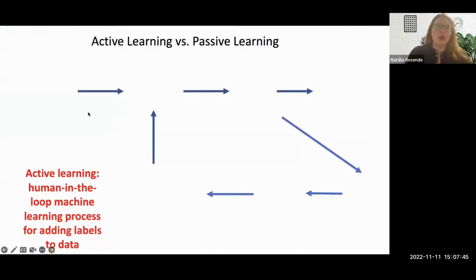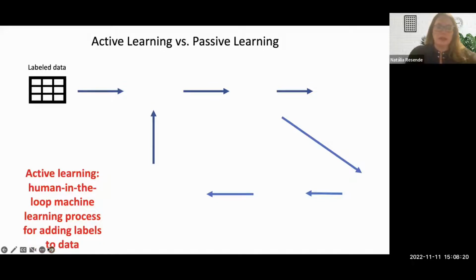We saw in the last session the difference between active learning and passive learning. In passive learning, we have a set of labeled data. We pre-process this data and we use a model to learn from this data for classification of future unseen data.